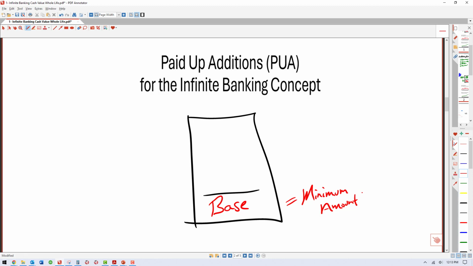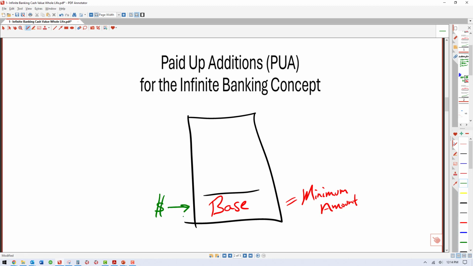Now there is some base premium that's also going to cash value, but think about it like this. The base premium is tied to the amount of whole life insurance that you're purchasing. And in an infinite banking design, you want the minimum amount going into base so that you're paying for the least amount of life insurance. We're going to show that with $1 going into base.